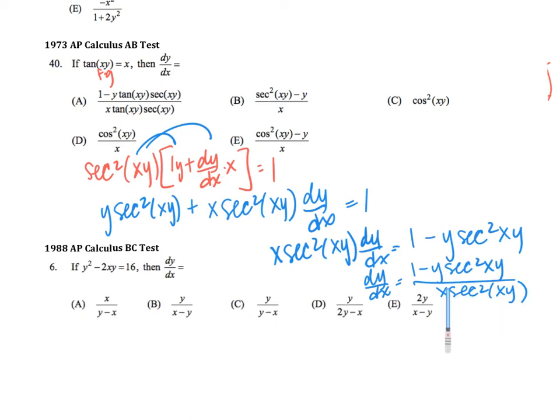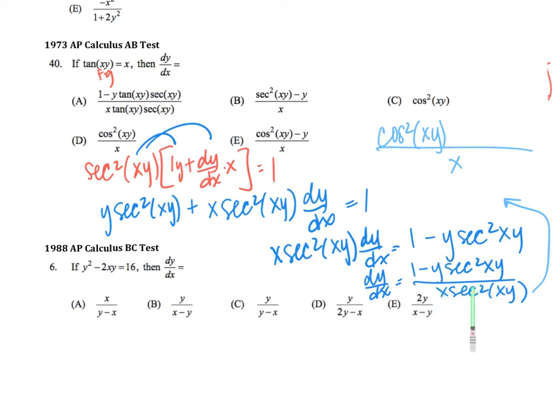Could something cancel out? Well, what is 1 over secant squared? 1 over secant squared turns into a cosine squared of my angle. And I still have that x in the bottom, because the only thing I did is I said 1 over secant squared xy. 1 over secant squared is the same as the cosine squared of the angle.